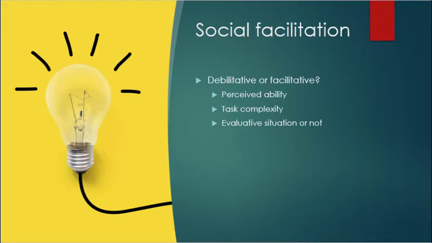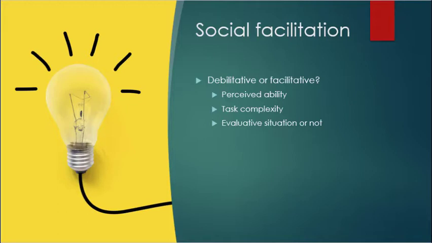Let's revisit social facilitation theory. Now, this theory predicts that with the presence of others or an audience, we will perform better than if we were to perform that task alone, especially when the task is well learned or simple. But this theory also predicts that when we haven't learned the task very well, the audience or doing the task with others will actually inhibit or lessen our performance.